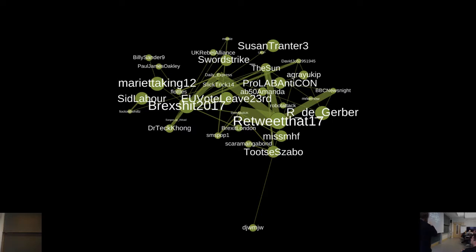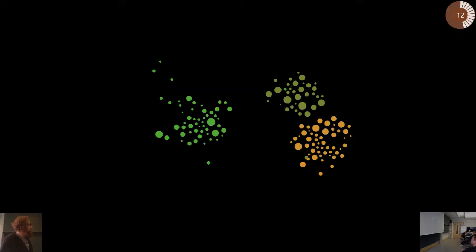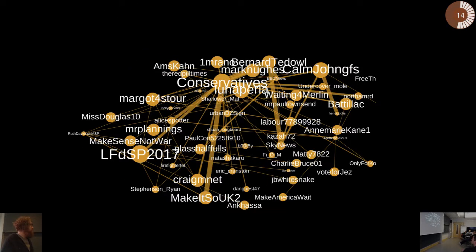It's something like some sort of arena for heated debate, maybe with a focus on Brexit. Which indicates that if we look at this Twitter exchange, there were basically 3 clusters that seem to align around certain topics, not knowing anything else than the usernames in this case, that were formed around this.